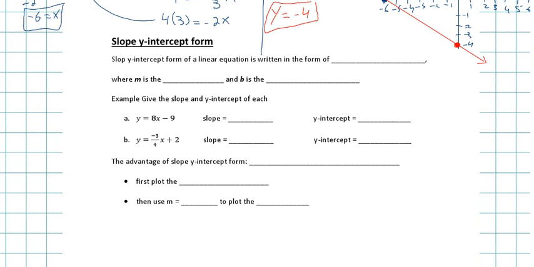So, I've already explained some of these to you. The slope y-intercept form of a linear equation is written in the form y equals mx plus b. Y is always by itself. No numbers, no signs, nothing with it. It should be y by itself.